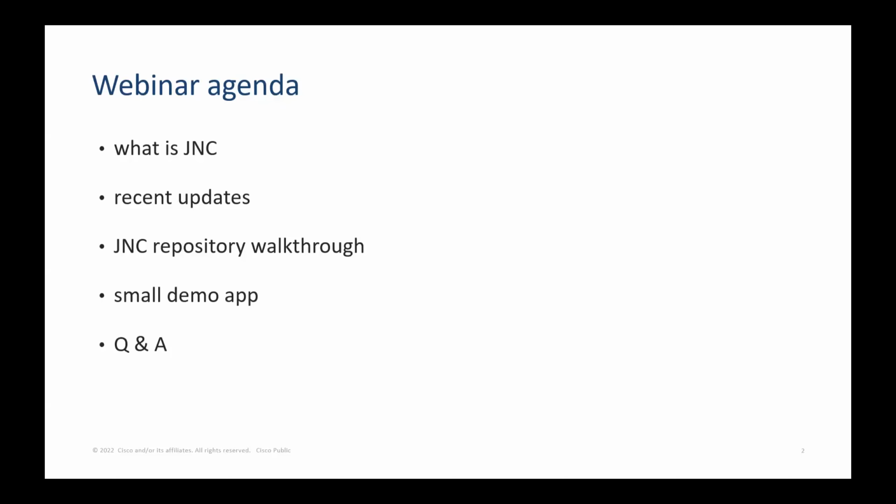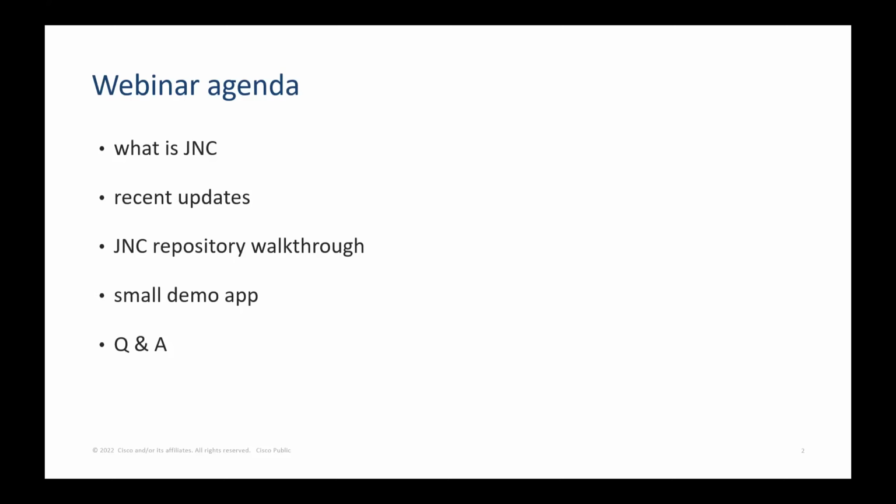What about our agenda for today? I'll introduce JNC, what it is and where it's usable. We'll talk a bit about the lifetime of JNC. This is not a new application or new project, and we'll talk about some recent updates that have taken place. Then I'll do a brief walkthrough of the repository.